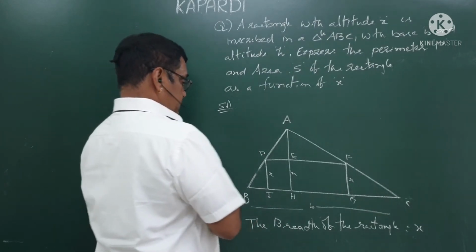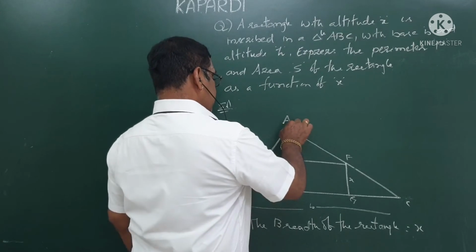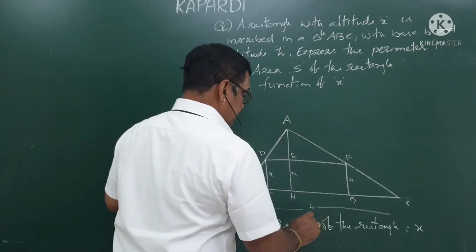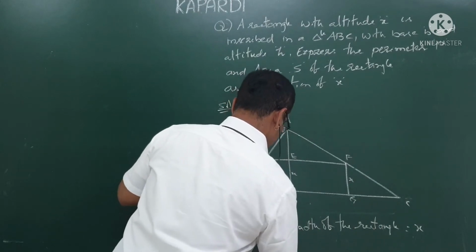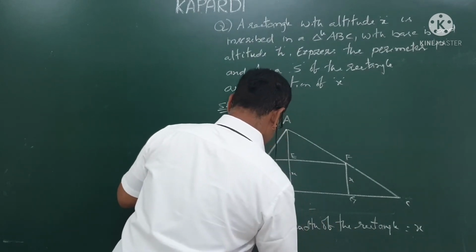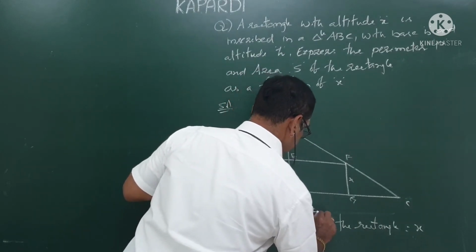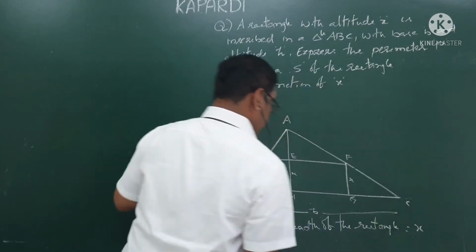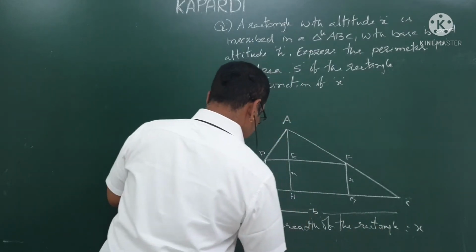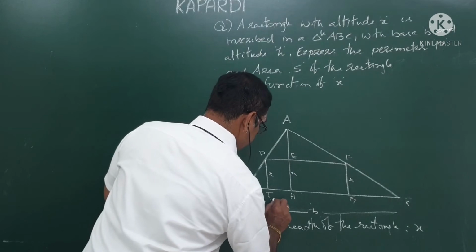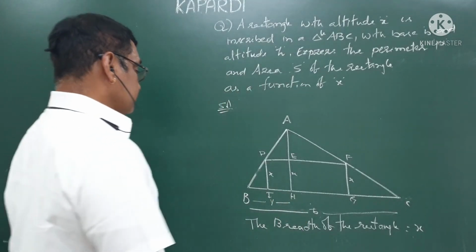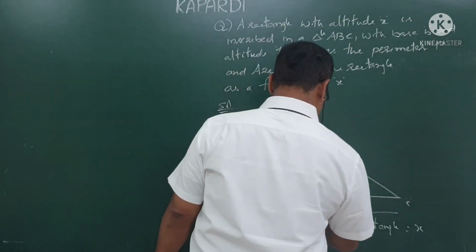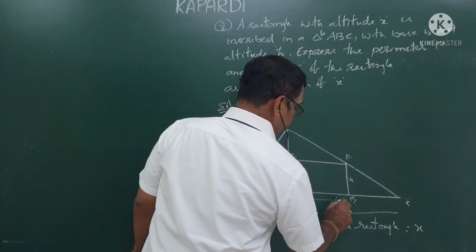Now look carefully. This total one, B, is given. I do one thing: let this length be equal to y. That means BH length is equal to y, therefore HC length is equal to B minus y.